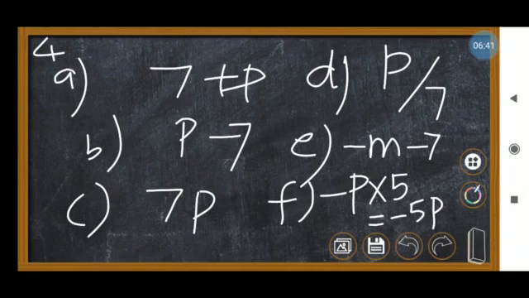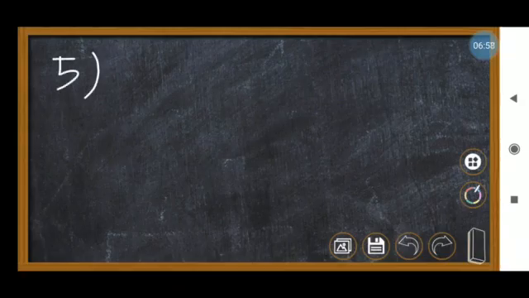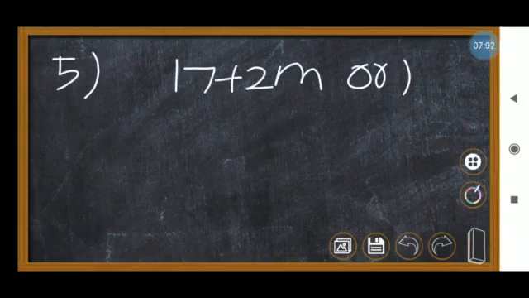Okay, next, they have given this kind of problems, so you have to know how to identify it. The next one is: give the expression in the following cases. Fifth one, 17 is added to 2m means 17 plus 2m or 2m plus 17.